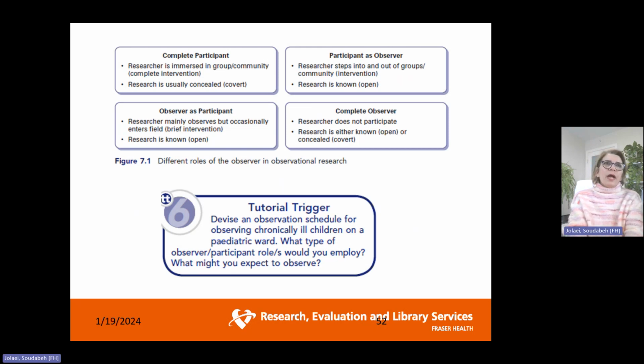You have observer as participant. Researcher mainly observes, but occasionally enters field for brief intervention. Research is known or open. Complete observer is the case that researcher does not participate. Research is either not open or concealed or covert.